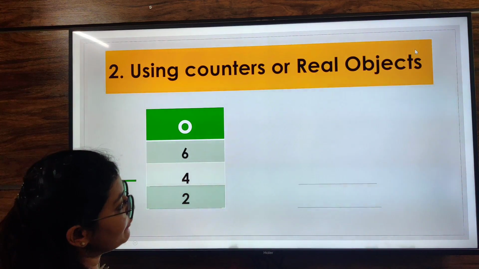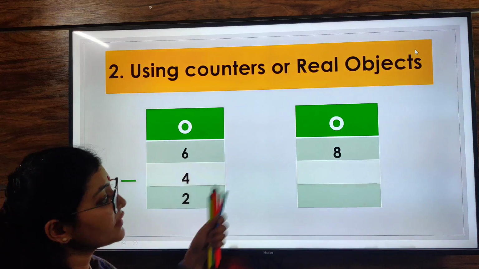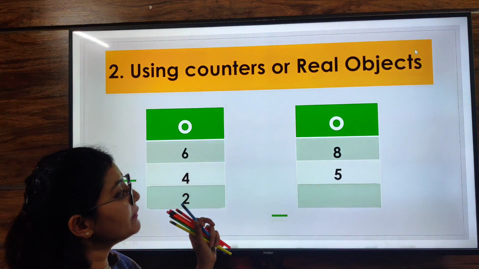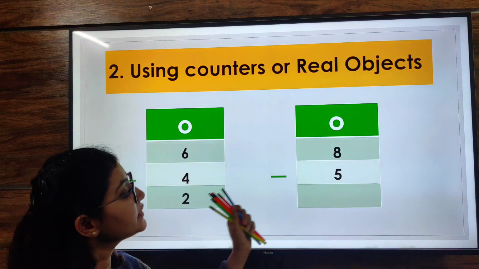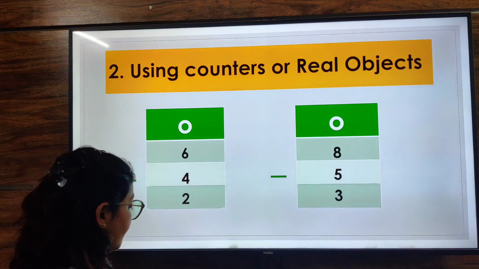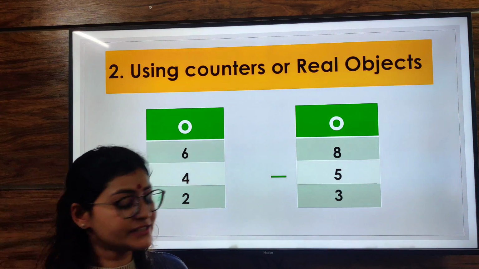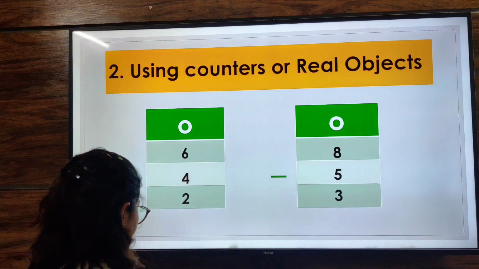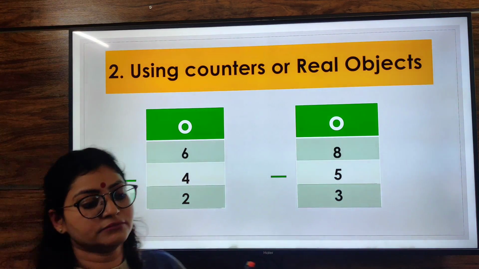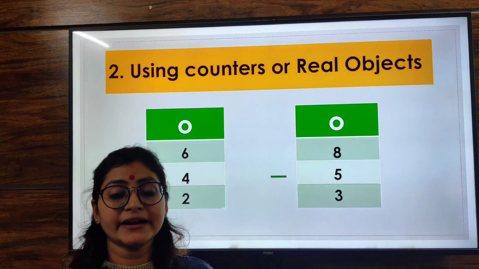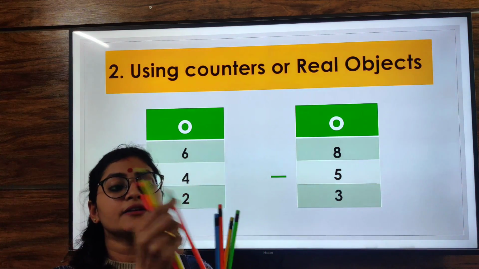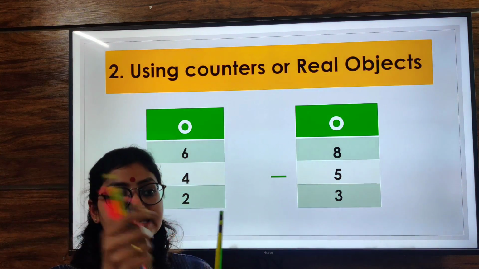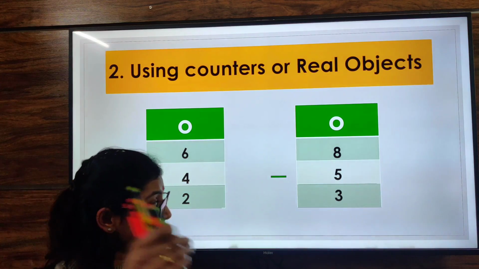Let's take another example. 8 minus 5. In this question, my first addend is 8 and second addend is 5. As we did earlier, these are 8 pencils. 1, 2, 3, 4, 5, 6, 7 and 8.